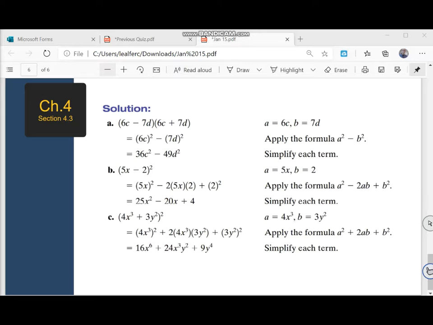We're going to work on practice, on the quiz. You will see that this is useful. You will see that if you work with the FOIL method, it would take quite a long time to work some problems, depending on the size of each term.